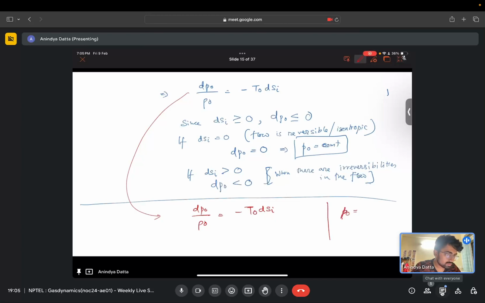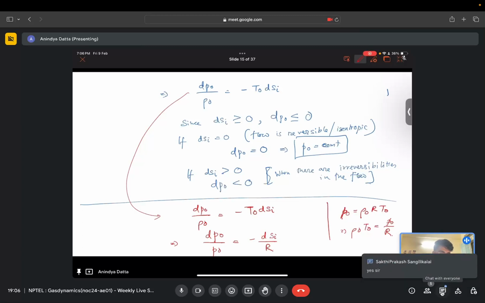We know P equals rho RT, so P0 will be equal to rho 0 R T0, or rho 0 T0 is equal to P0 by R. Now if we use this, we can write the equation this way: dp0 by p0 is equal to minus dsi by R. Is this step clear? We're just applying the equation of state for stagnation properties.